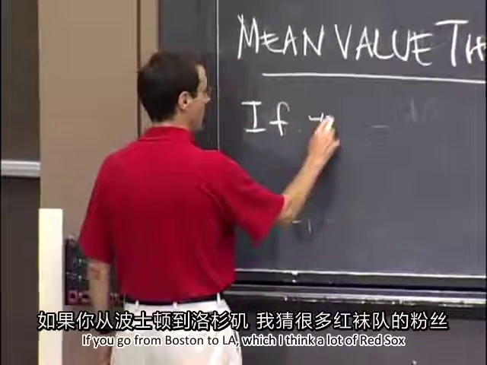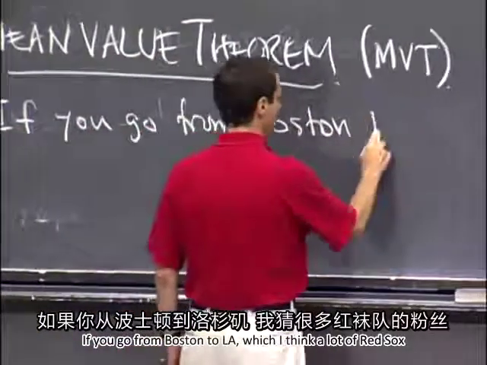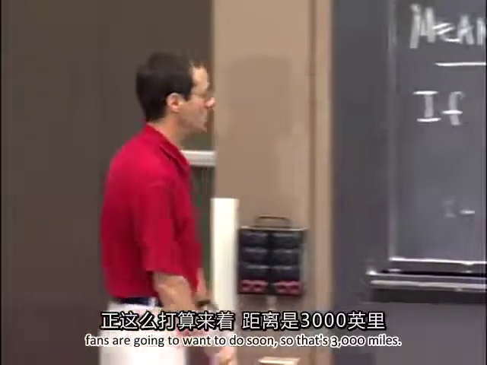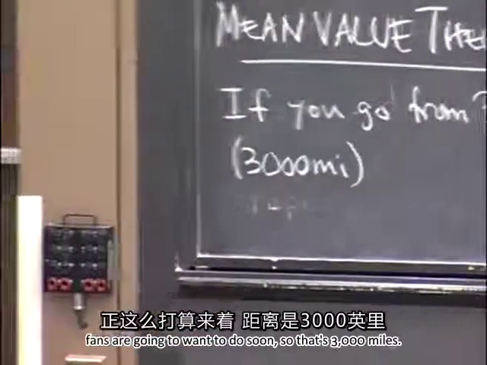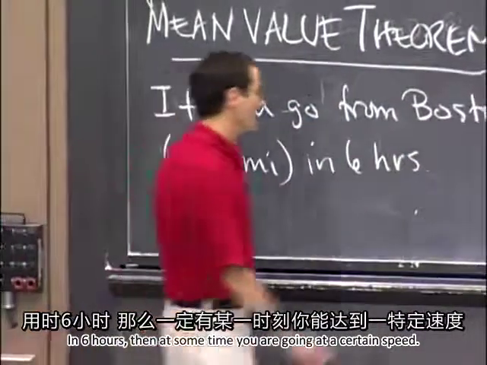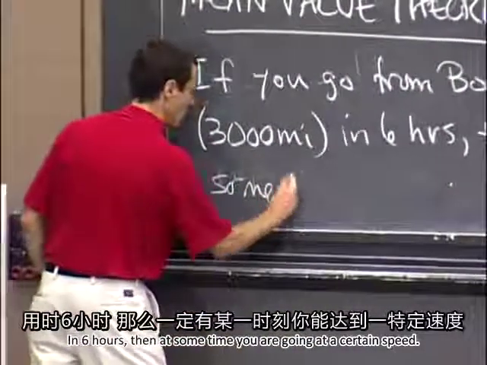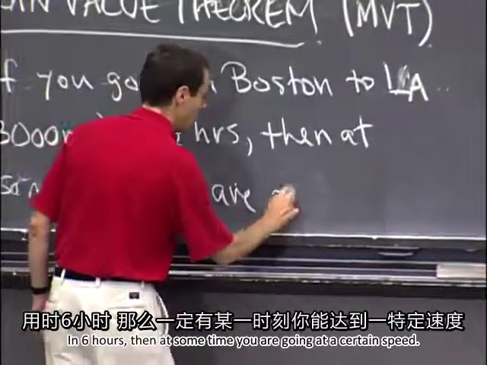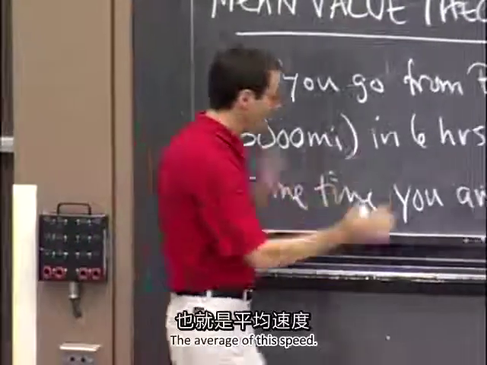If you go from Boston to LA, which I think a lot of Red Sox fans are going to want to do soon, so that's 3,000 miles, in 6 hours, then at some time you are going at a certain speed, the average of this speed.